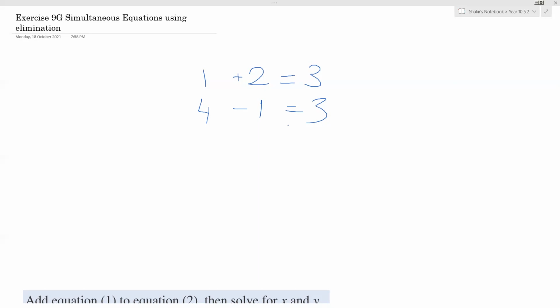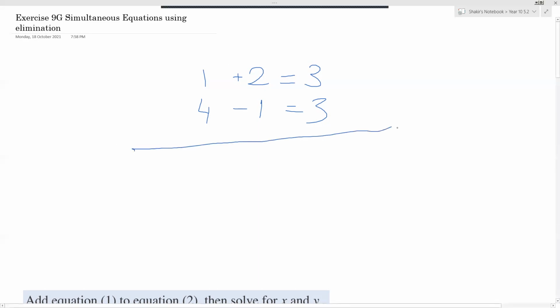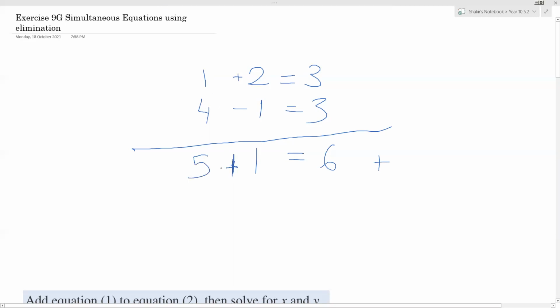We can add these up if we want to. 3 plus 3 is 6. And over here, 2 plus negative 1 gives me 1, and then 1 plus 4 is 5. So as you can see, 5 plus 1 does give me 6.